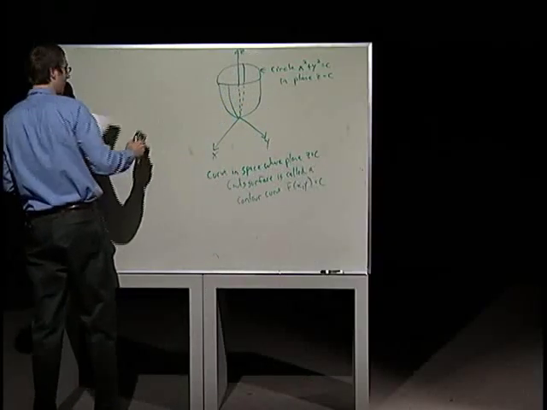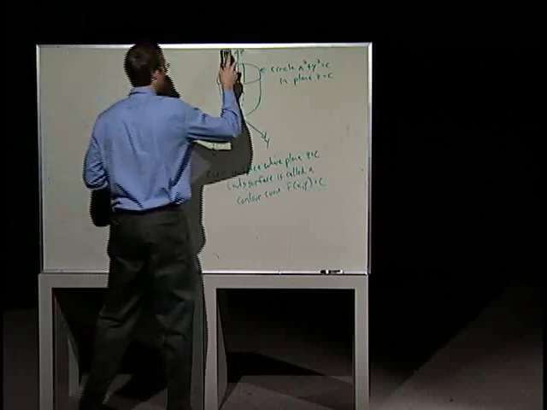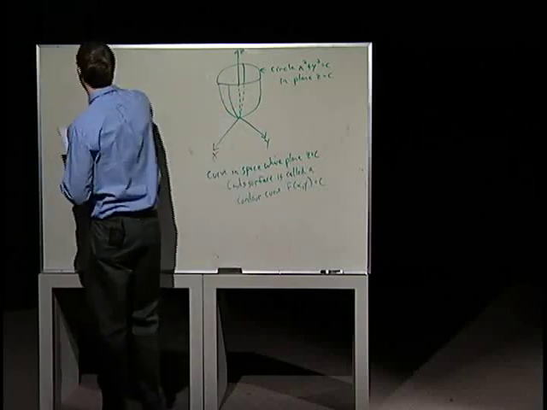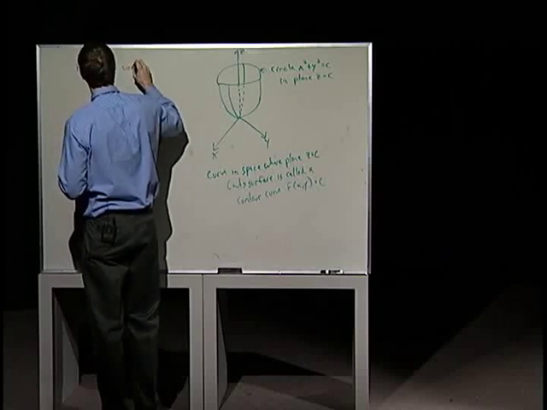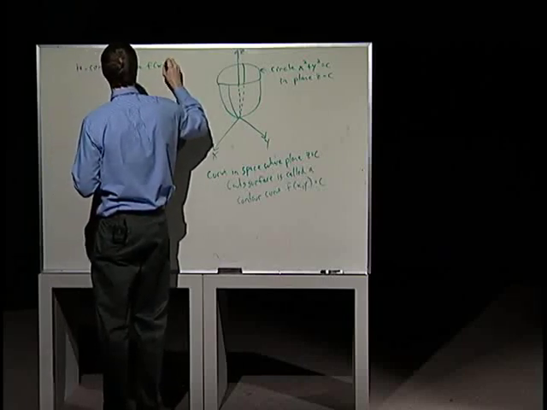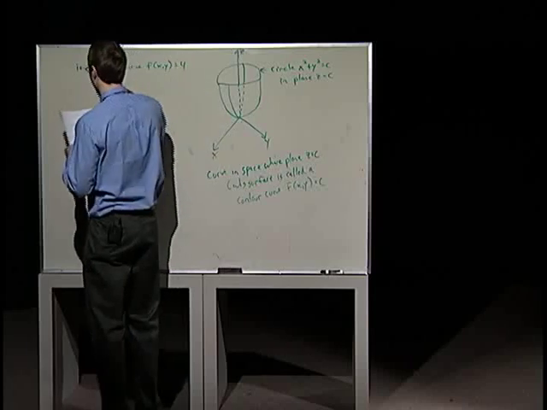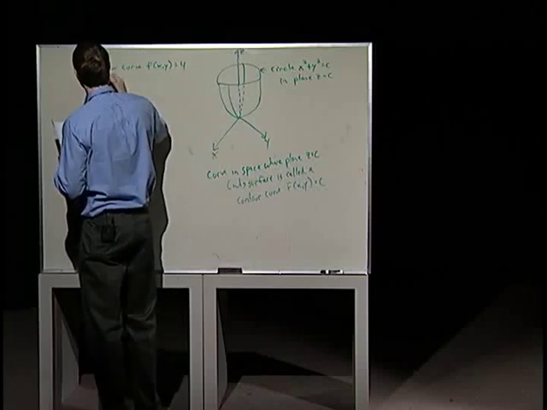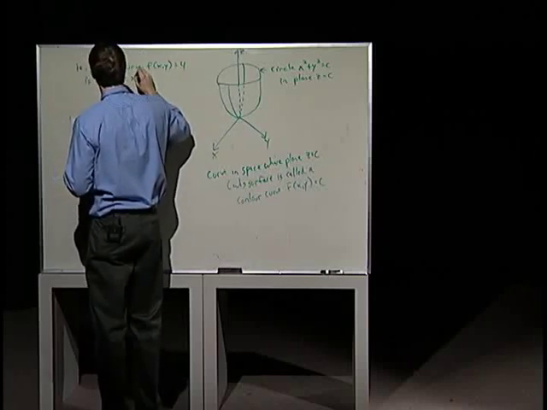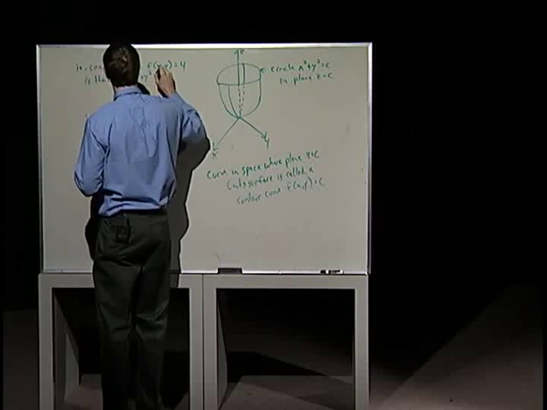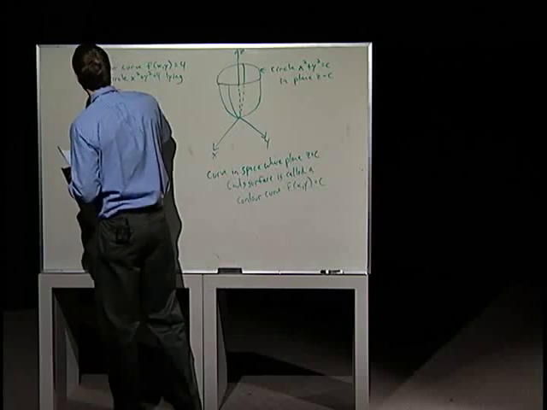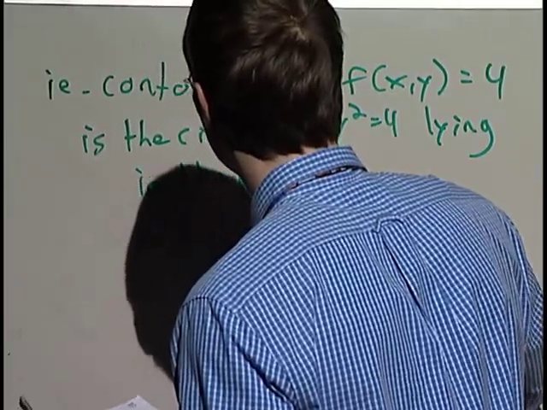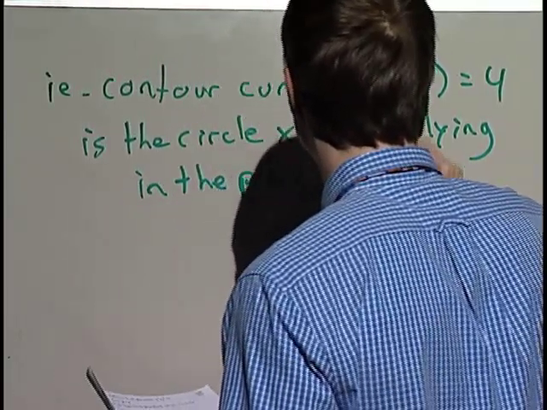I guess I'll leave it up there for the time being. So, i.e., the contour curve f of x y equals 4, well, that is the circle x squared plus y squared equals 4 lying in the plane z equals 4.